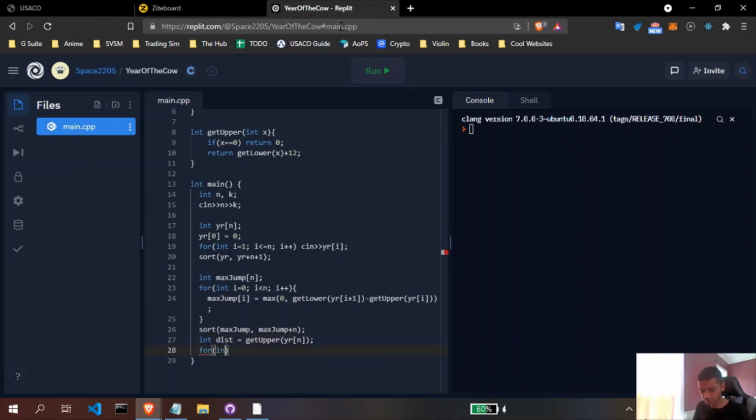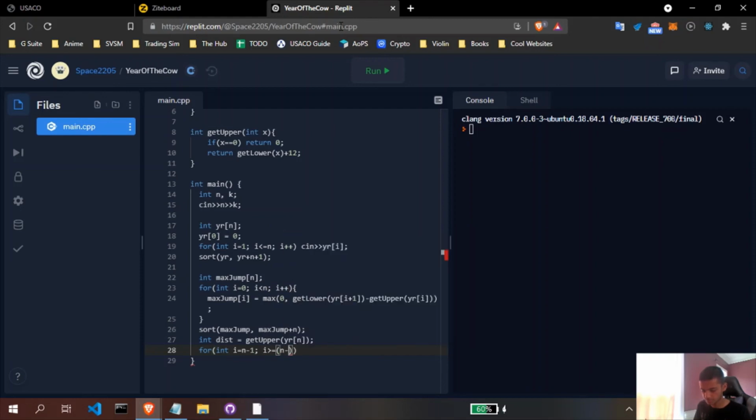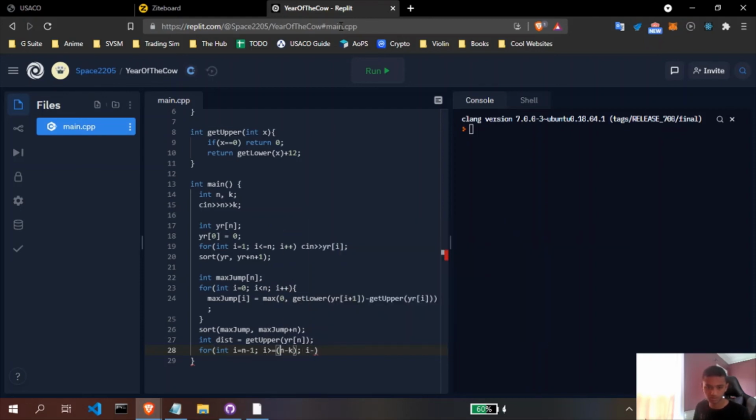So for int i is equal to n minus 1, i is greater than n minus k, i minus minus, I'm just going to do dist minus equals max jump of i.